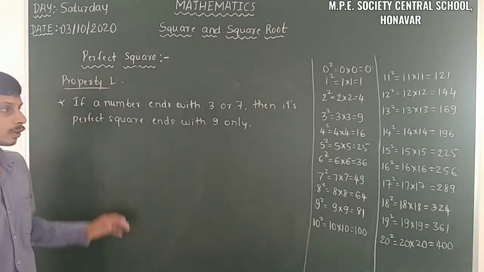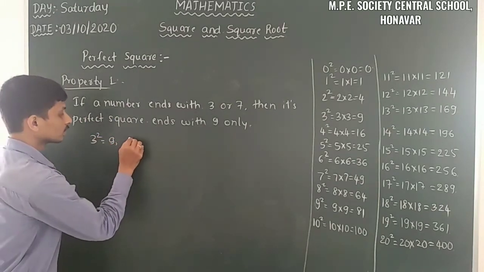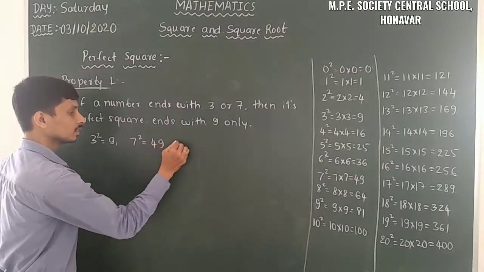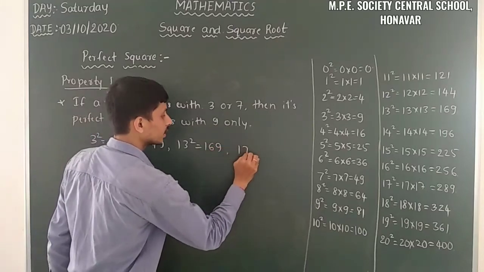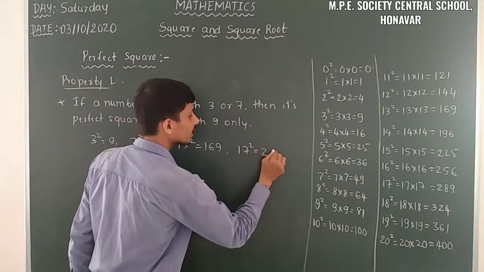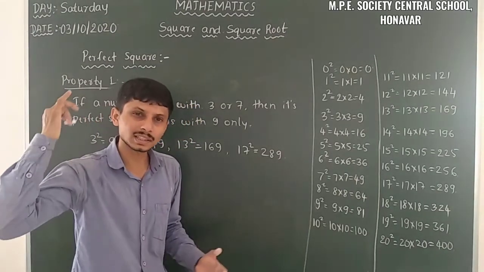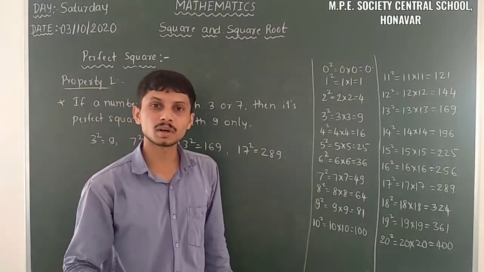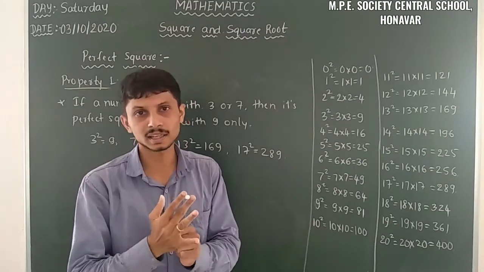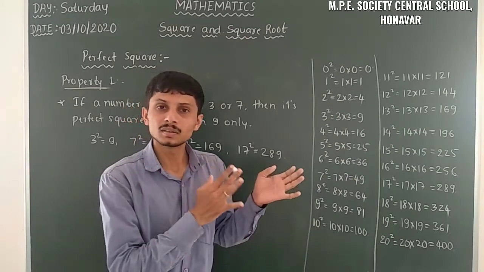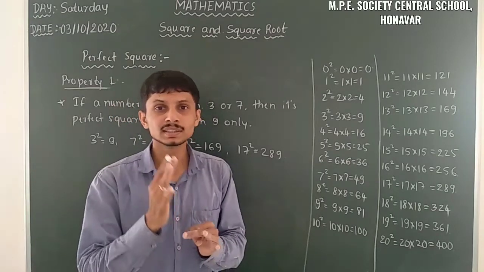For example, we can take 3 square is equal to 9, and then 7 square is equal to 49, 13 square is equal to 169, and 17 square is equal to 289. These are the examples. There are so many examples. You can check any example of a perfect square. The perfect square always ends with 0, 1, 4, 5, 6, 9. This is the property of the square number. There is no perfect square ending with 2, 3, 7 and 8.